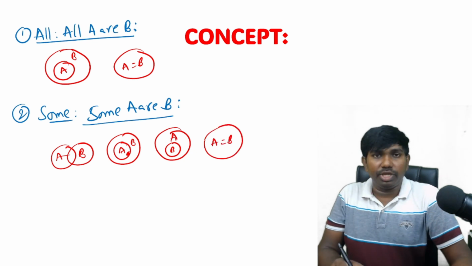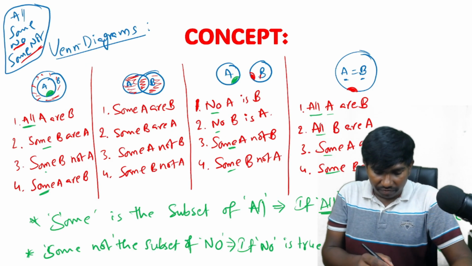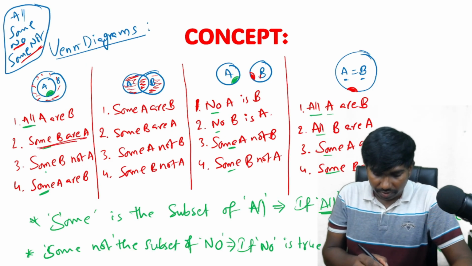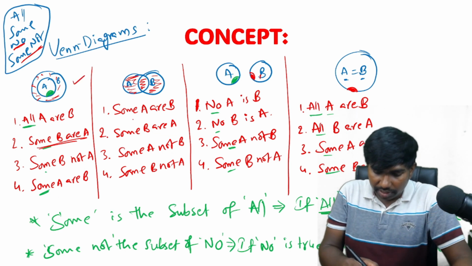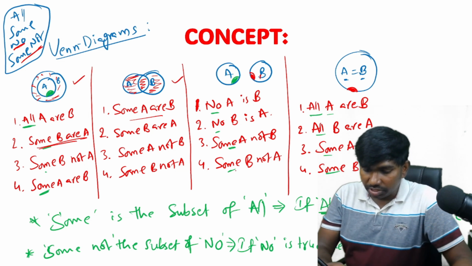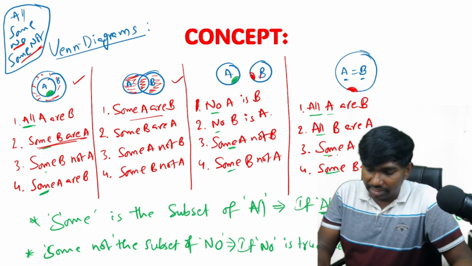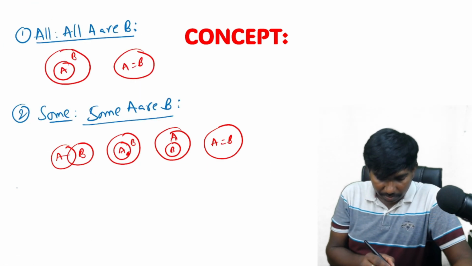A is equal to B. Correct? You can go to the previous slide and verify wherever some is there. Here some is there, means this possibility exists. Here also some is there, this diagram is also. Here there is no some in the third case, and in the fourth case there is a some. So in that way.